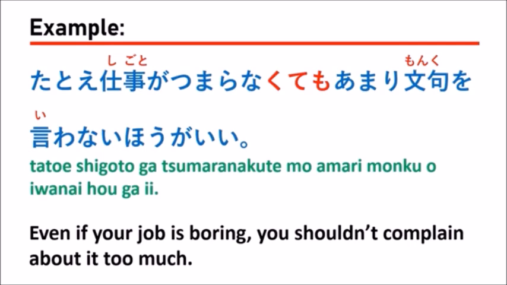In this sentence, you see that they use the i-adjective. Here, our adjective is つまらない. We cut the i, so we just leave つまらな and follow with くても. So we can say つまらなくても. つまらない means boring, and つまらなくても means even if it's boring.